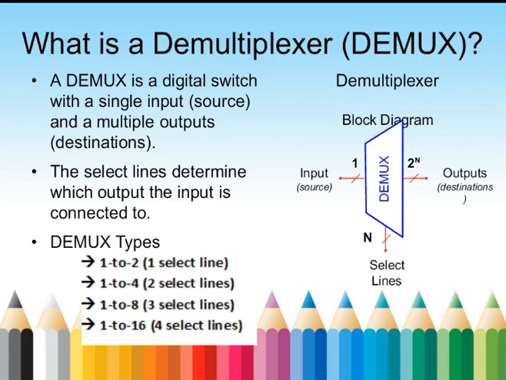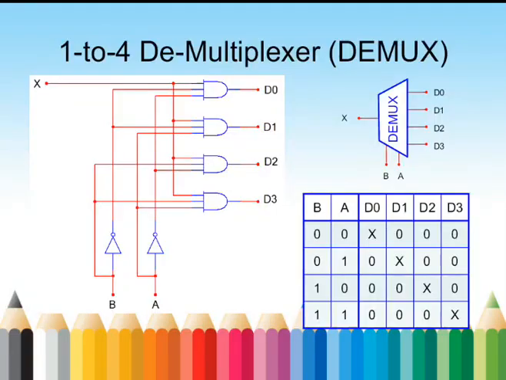So we may explain this demultiplexer with one simple example, the 1 to 4 demultiplexer. The block diagram of the demultiplexer consists of only one input line called X, and it produces 4 different outputs D0, D1, D2 and D3 with the help of selection lines A and B. So we may express this in a truth table.